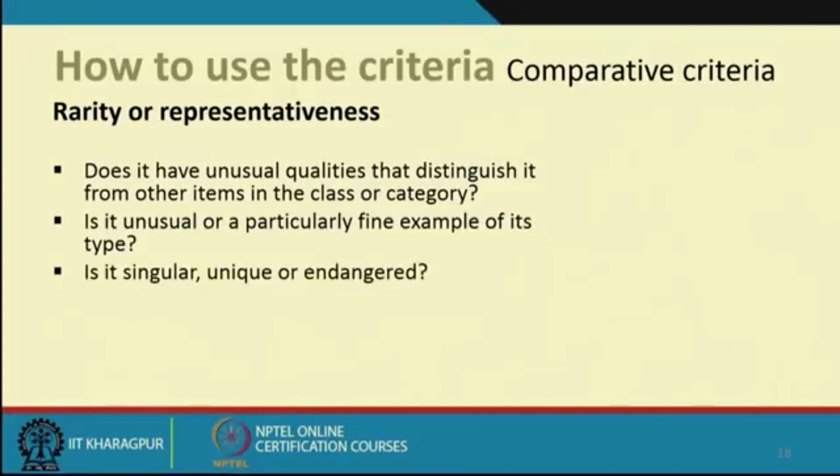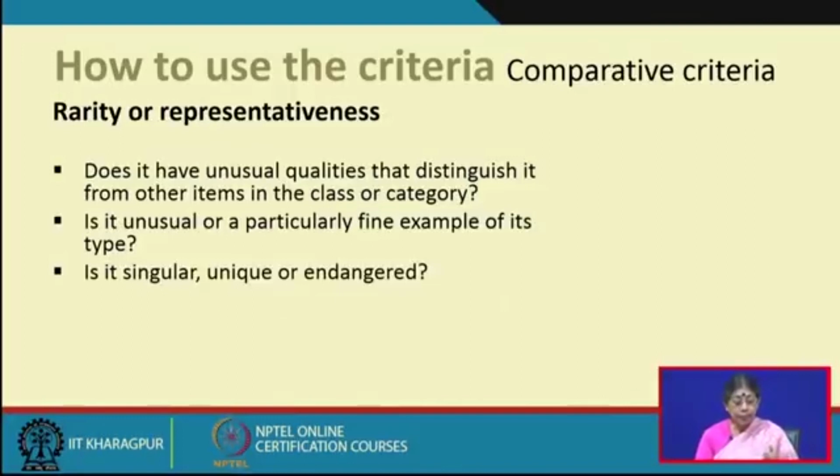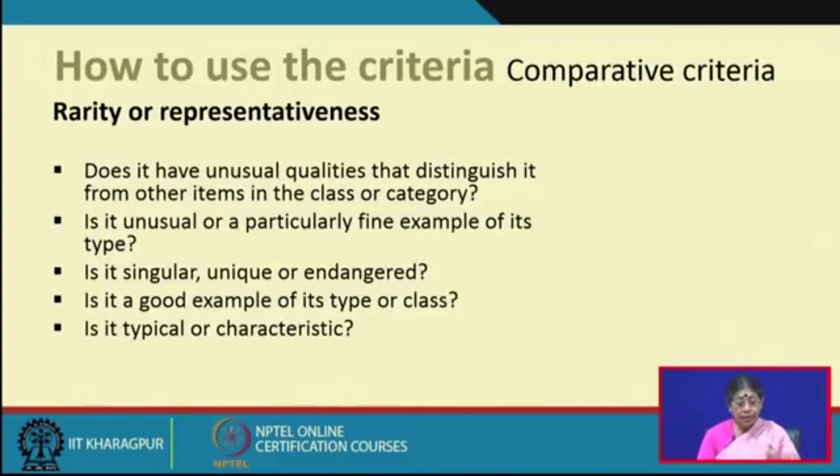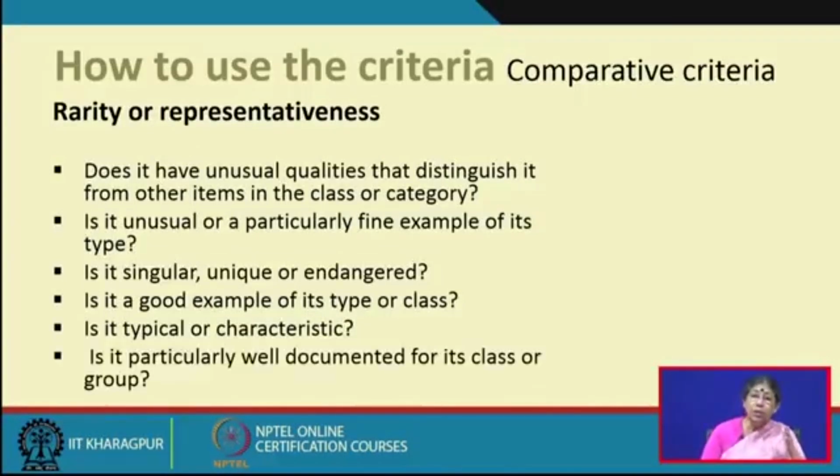Is it singular, unique or endangered? Is it a good example of its type or class? Is it typical or characteristic? Is it particularly well documented for its class or group? All of these are a checklist to understand the rarity or representativeness of this particular item.